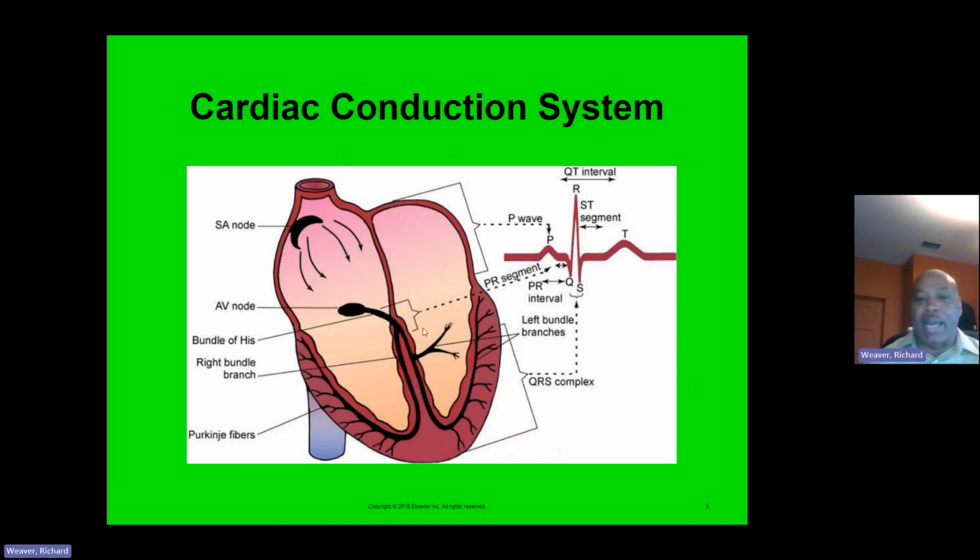Now, electrolyte imbalance is also one of the causes. Remember, in order to create this electricity, and even contractions of the heart muscle, think about calcium in that regard, the different electrolytes, the potassium, the sodium, and so forth, are going in and out of these cardiac cells.